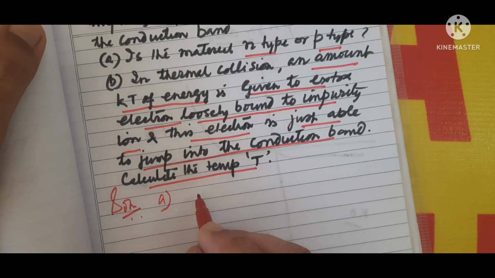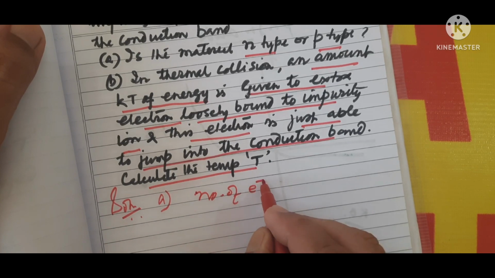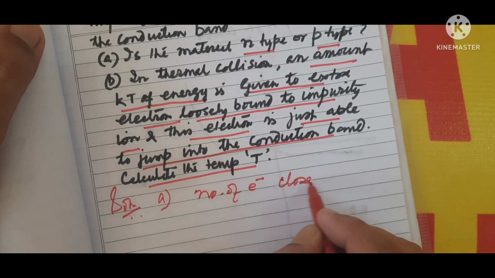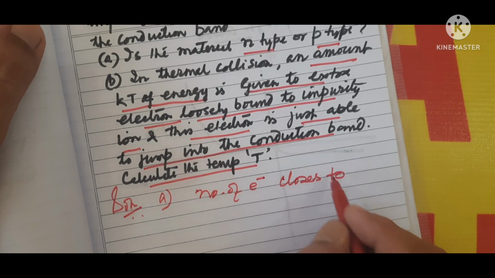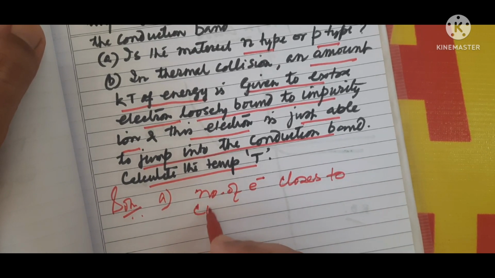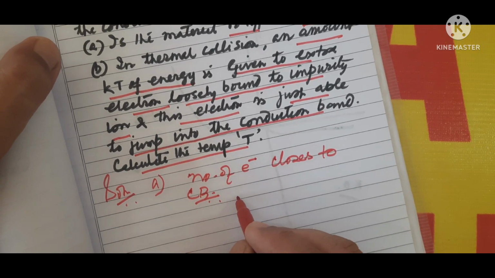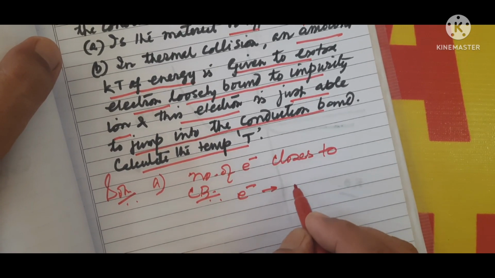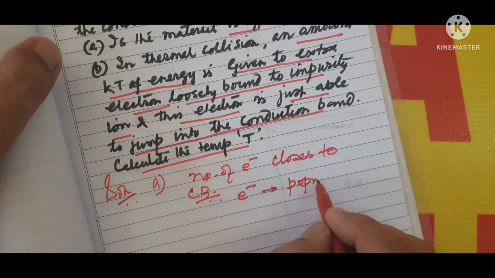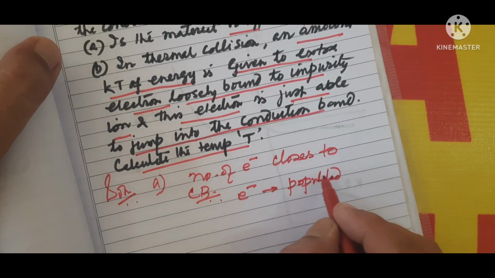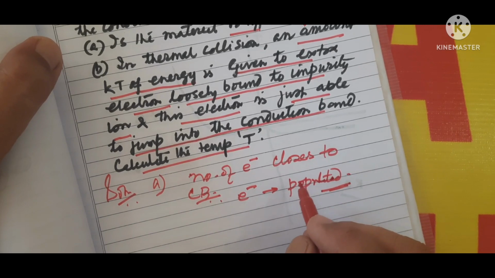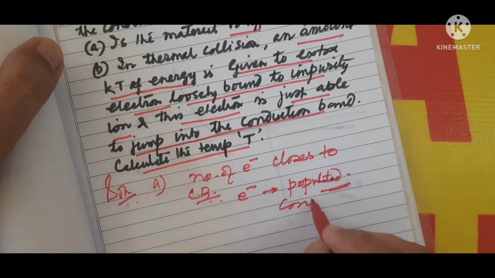So first part: just below the conduction band, that means here the number of electrons is very close to the conduction band. So here the conduction electrons are populated near the conduction band.